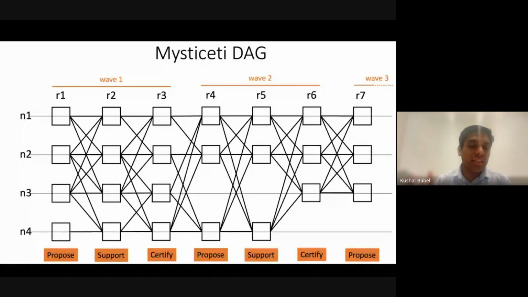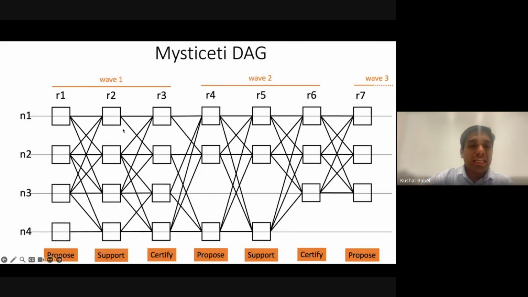Now, the structure of the DAG follows this property called threshold logical clocks, which means that you can't just produce a new block in the next round without getting at least 2f+1 blocks from the previous round. So if you notice, every block in this DAG references at least 2f+1 blocks from the previous round. That's one of the criteria for a valid block, right?